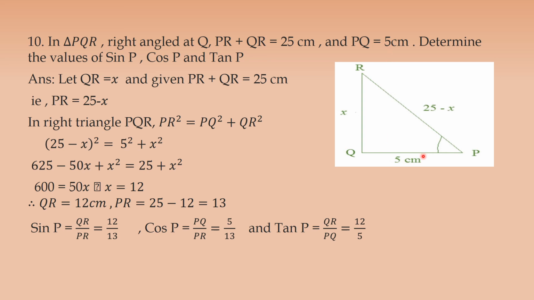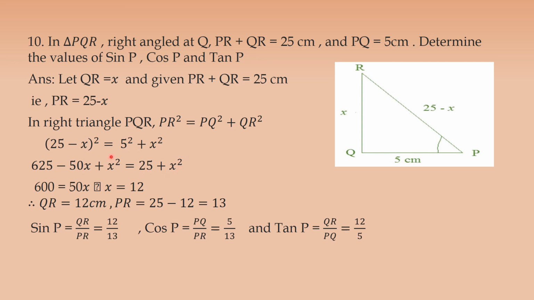Applying the Pythagoras property for finding the value of X, we can write PR square is equal to RQ square plus PQ square, which is 25 minus X whole square is equal to 5 square plus X square. Applying a minus b whole square in the left hand side, it will be 625 minus 50x plus x square is equal to 25 plus x square.